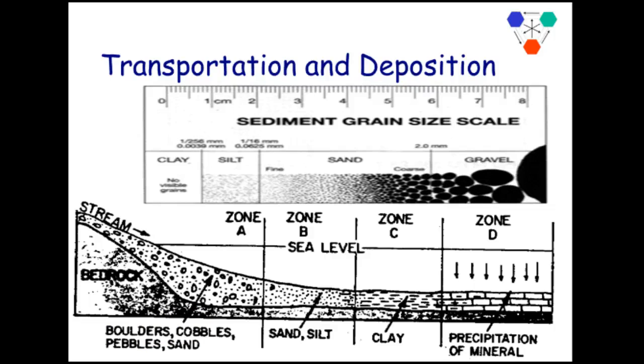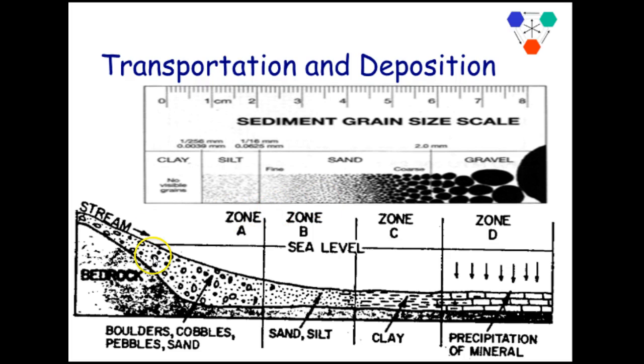Now I also want you to see how these sediments are deposited. In the bottom of the slide, you can see where they are deposited in a stream. So here's our stream now, and the water flowing in this direction. So I want you to kind of get oriented now as to what we're talking about. I'll show you a simulation here in a second too. The larger sediments are deposited first.